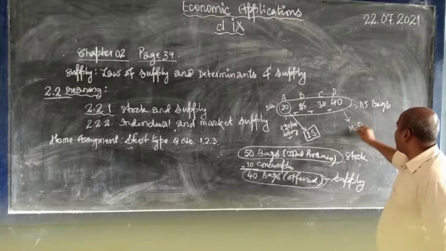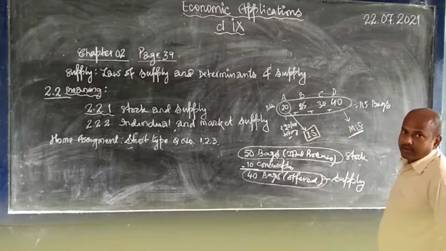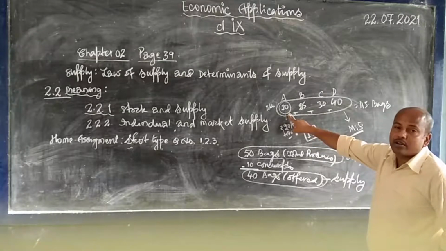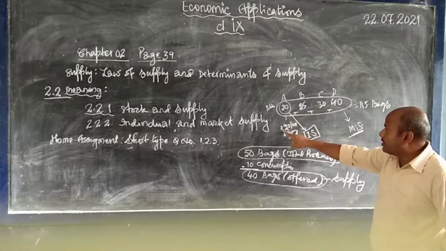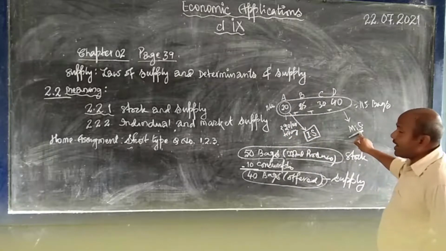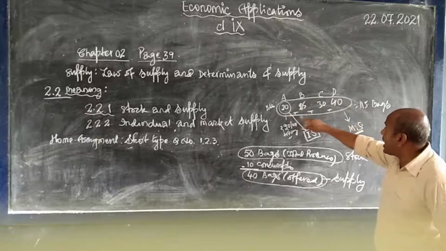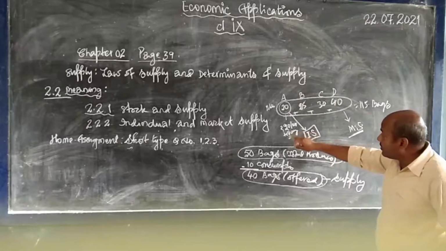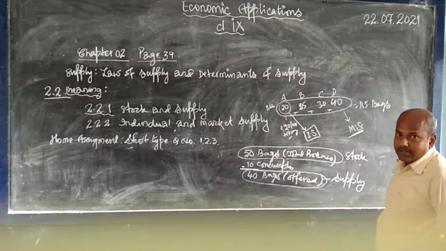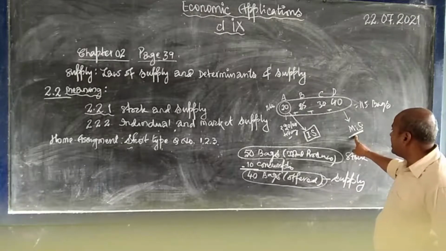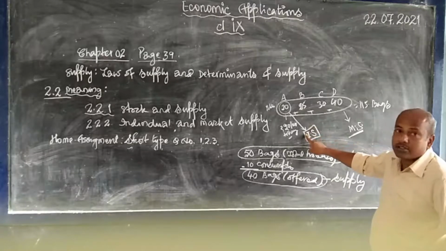This is market supply. This is individual supply. Individual supply is the supply by only one producer at a given price and period of time. Whereas market supply is the total supply of a particular commodity at a given point of time and at a given price. In another way, market supply is the sum total of all the individual supplies.